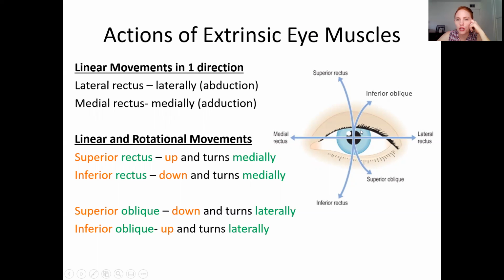For the superior oblique muscle, it's going to be attached up here, but it kind of goes through that trochlea. Okay, so attached up here, runs to the trochlea, and then as it contracts, it's going to rotate it down. Like it'll rotate in this orientation, right? So that is going to rotate it down and laterally, so down and out.